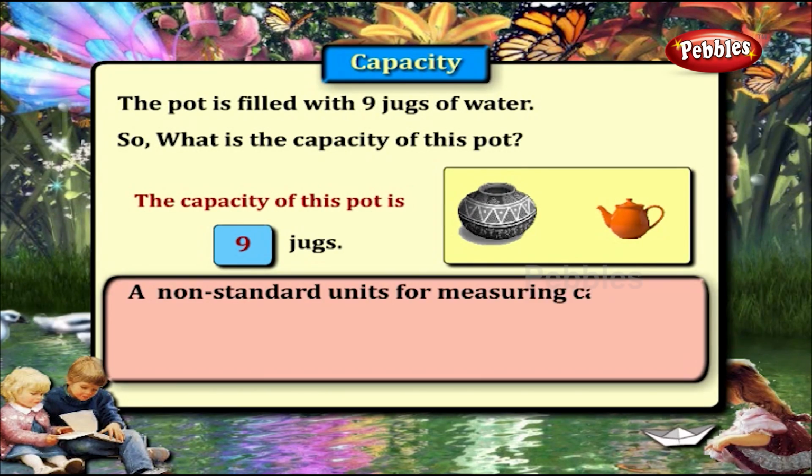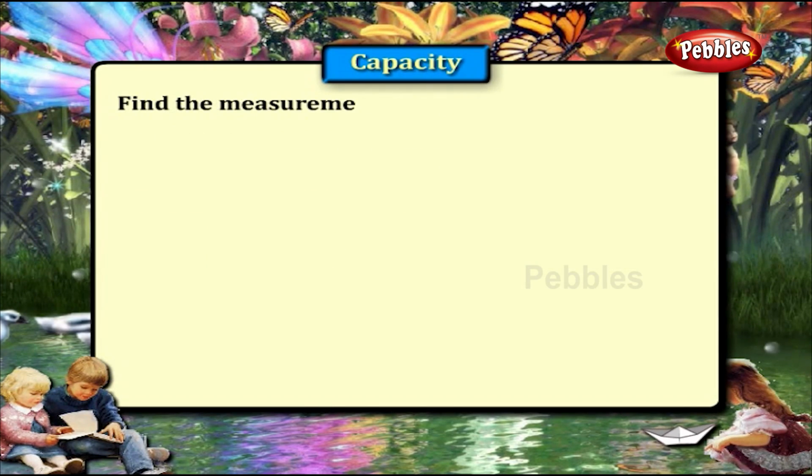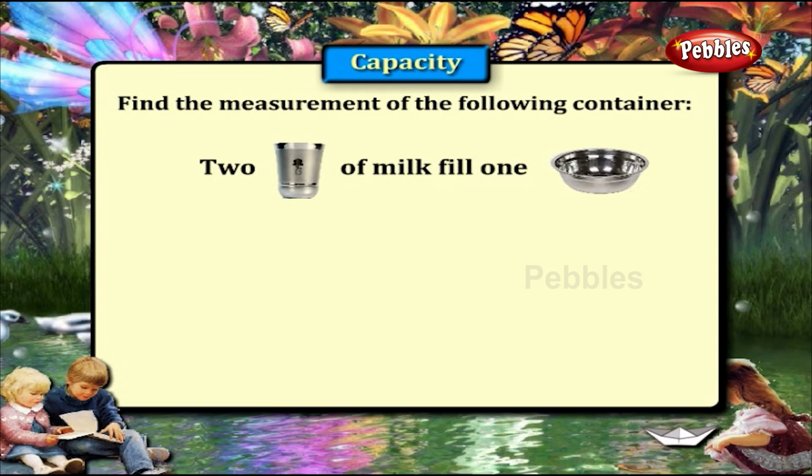In non-standard units for measuring capacity, we use a small container to find out the capacity of a big container. Find the measurement of these containers. 2 tumblers of milk fill 1 bowl.